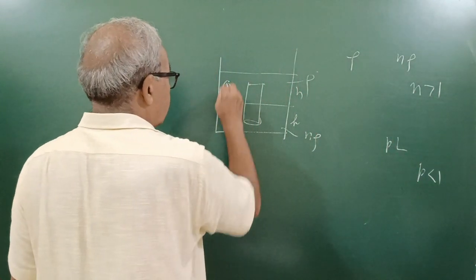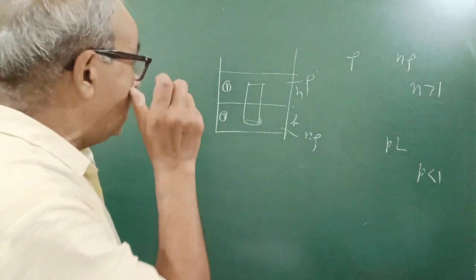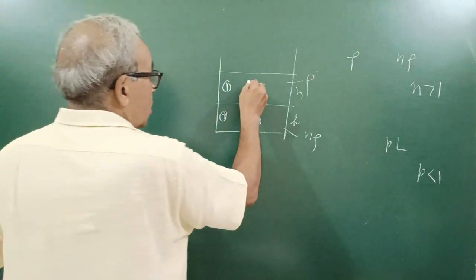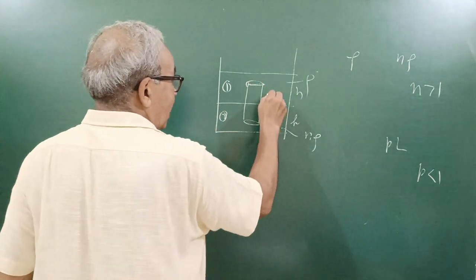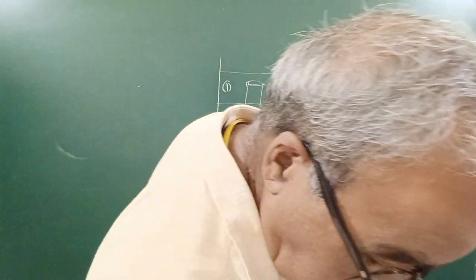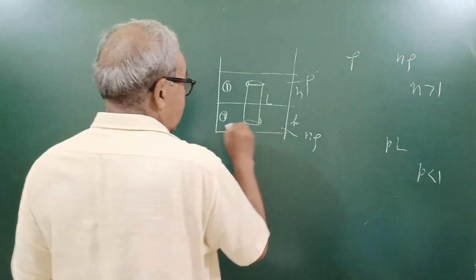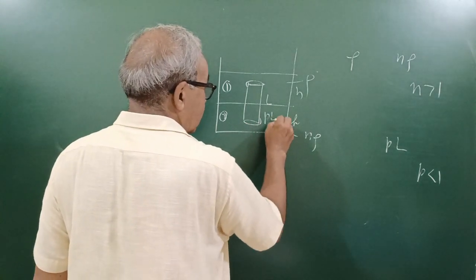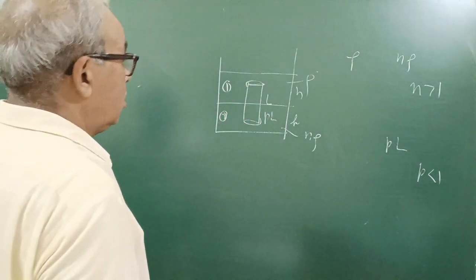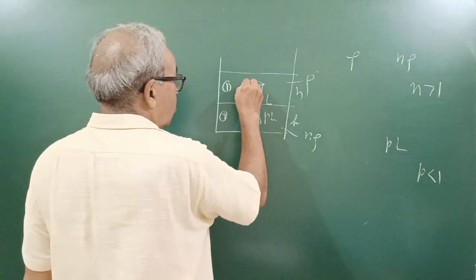Suppose it is liquid 1 and this is liquid 2, so liquid 2 is heavier than 1. This solid cylinder of length L is floating with its length PL inside the denser liquid. So how much is this?